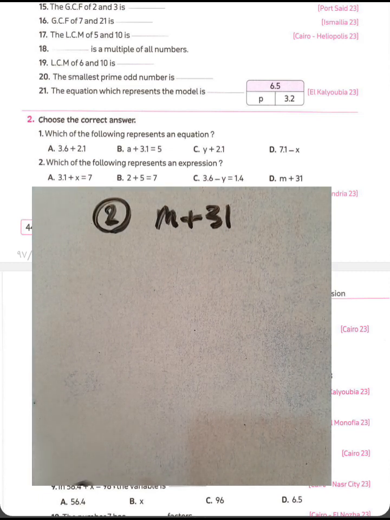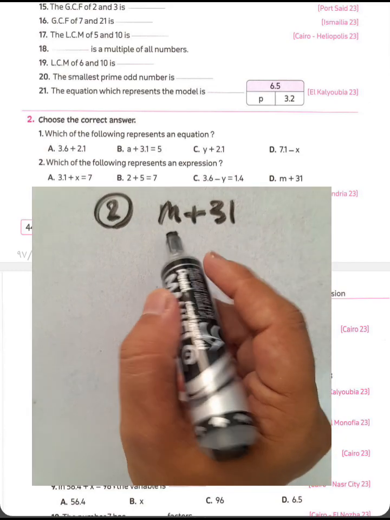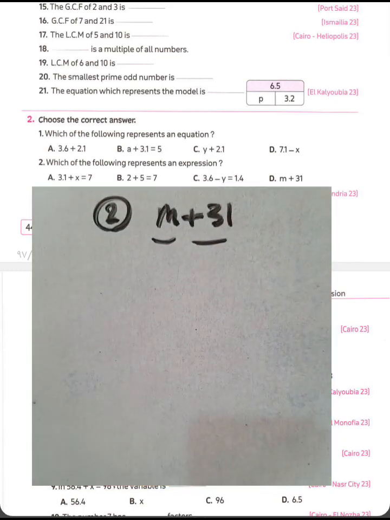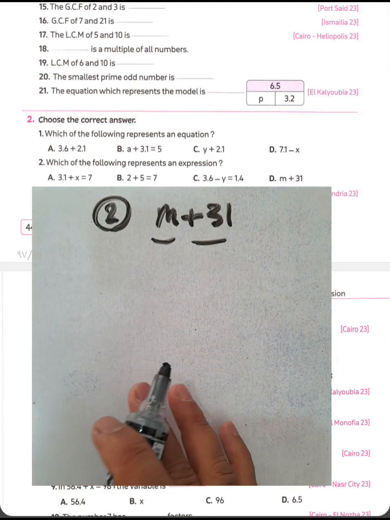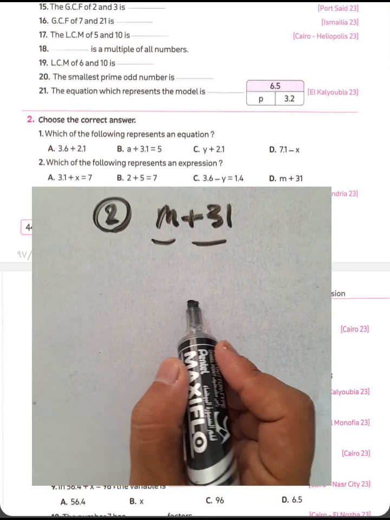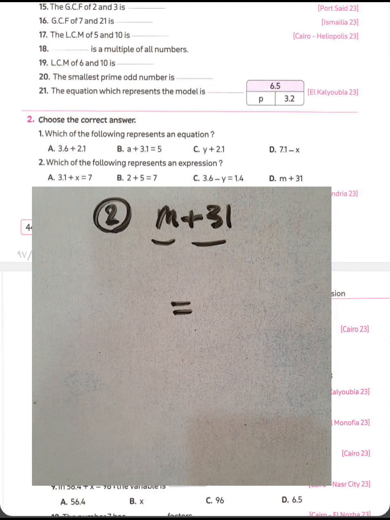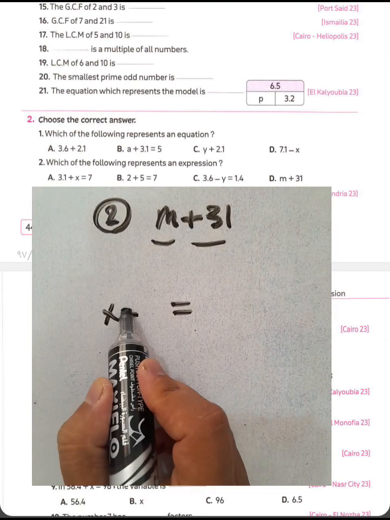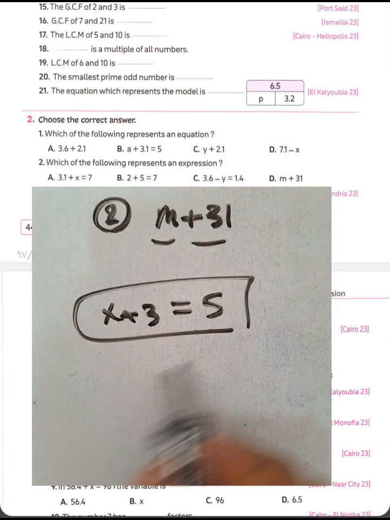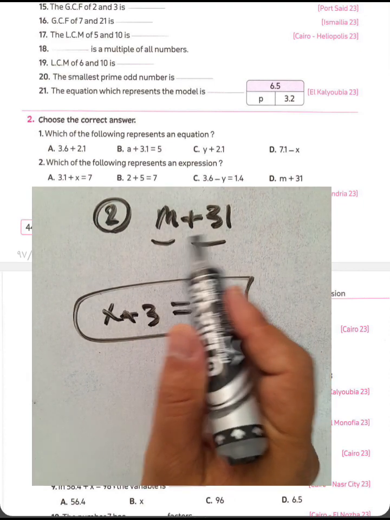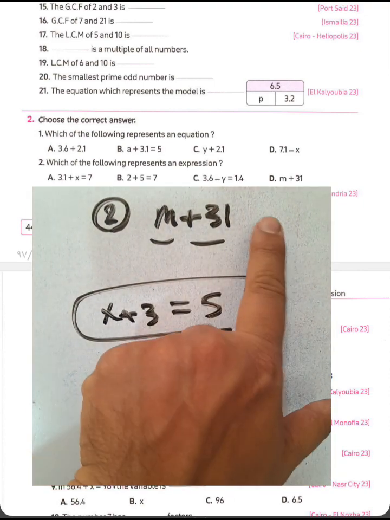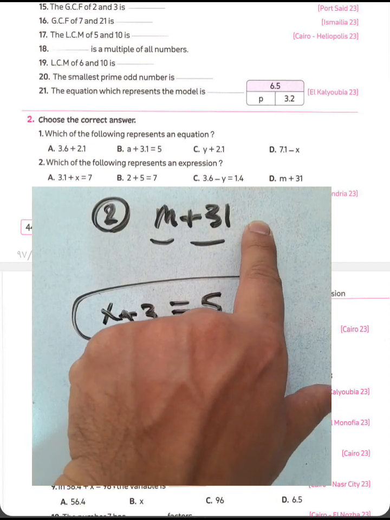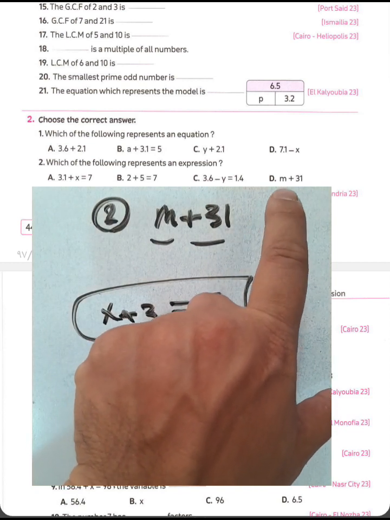Do you know the difference between an equation and an expression? The expression has a lot of terms, but it doesn't have an equal sign. But in the equation we must have the equal sign between two expressions, such as x plus 3 equals 5. We call it the equation. But m plus 31 we call the expression. The expression doesn't have any equal sign.